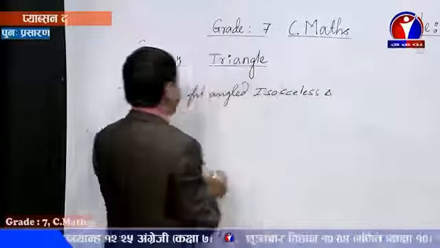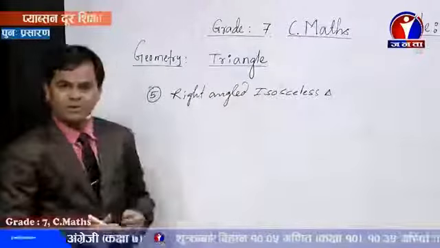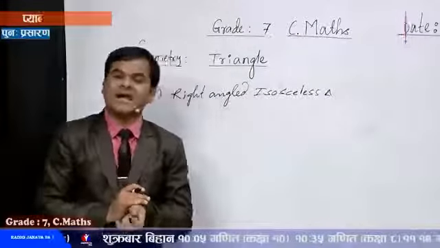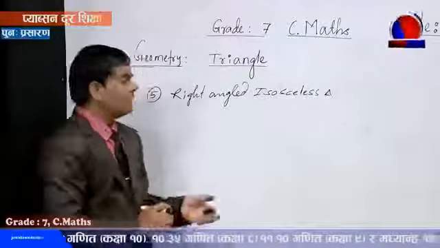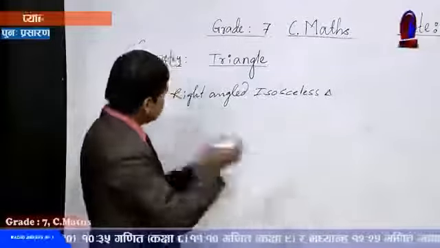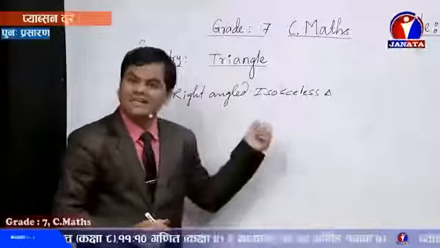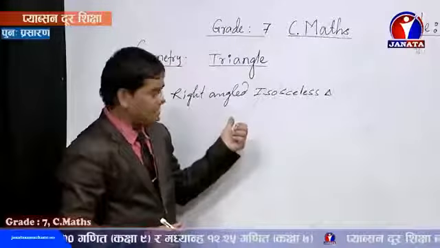So in this way, a right angle isosceles triangle is formed when the right angle triangle and the isosceles triangle are combined together. That means both triangles' properties can be seen in this type of triangle.